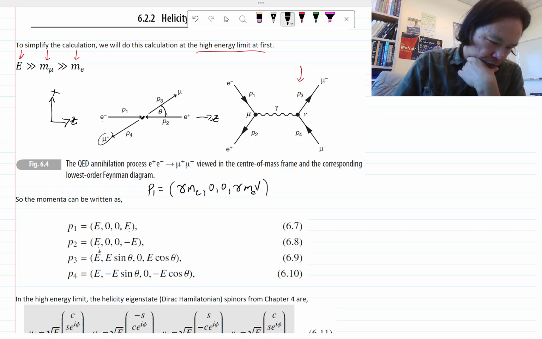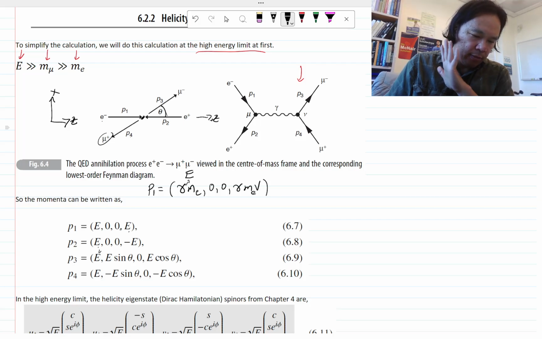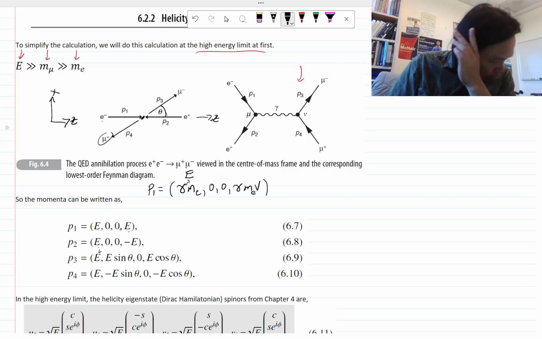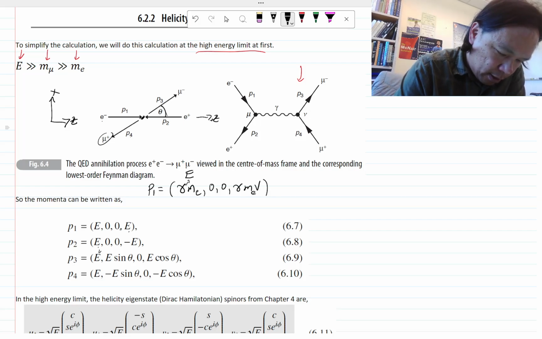In this high energy limit, gamma m_e is basically going to become the energy, because we don't have to worry about the mass at all. And since gamma m_e is energy, v is basically going to be about 1.